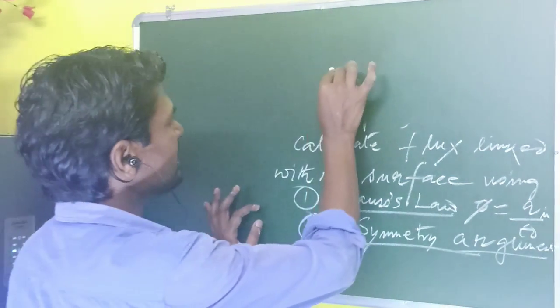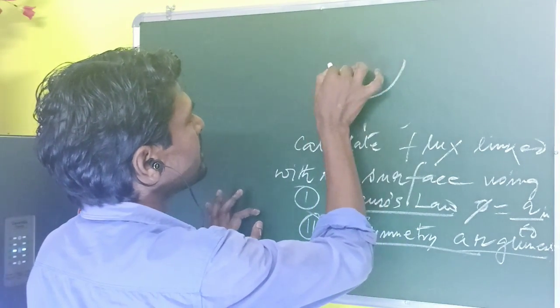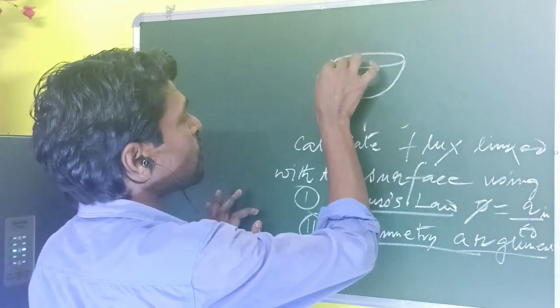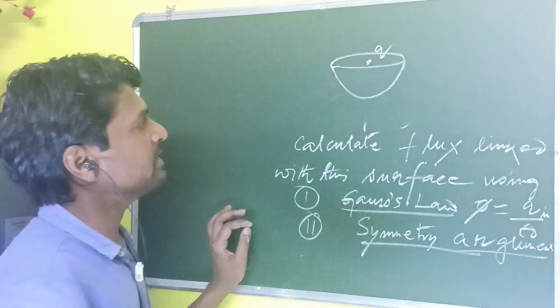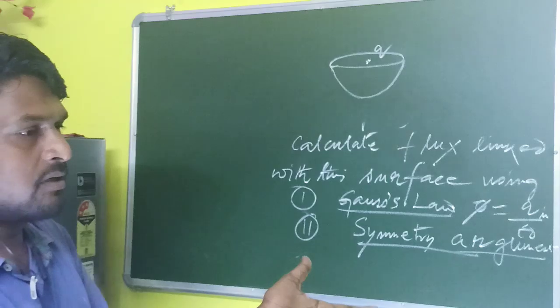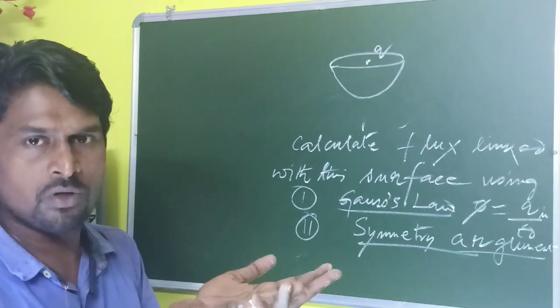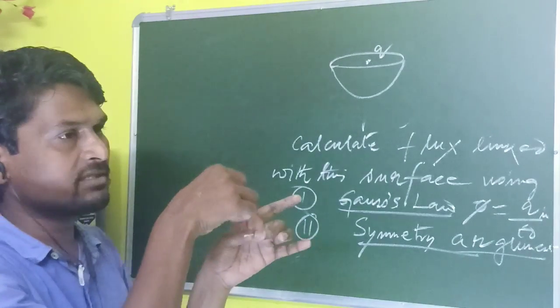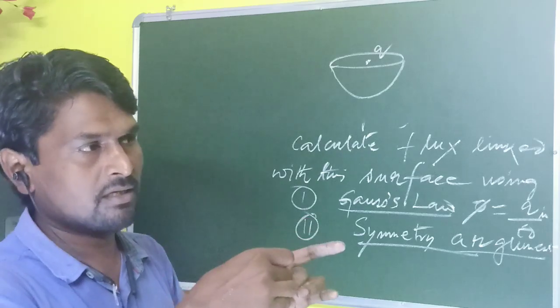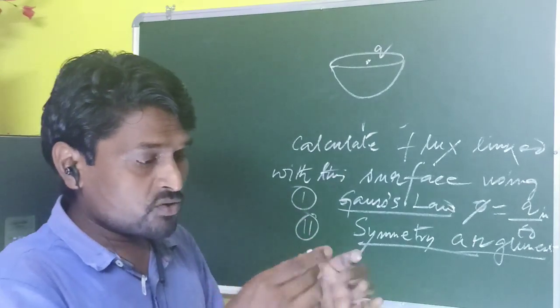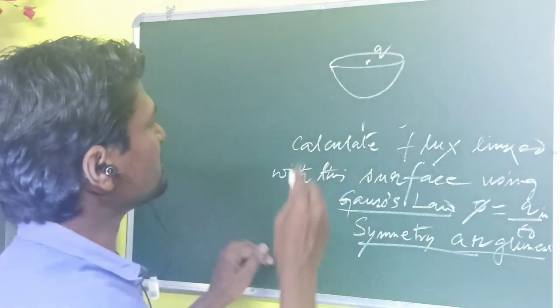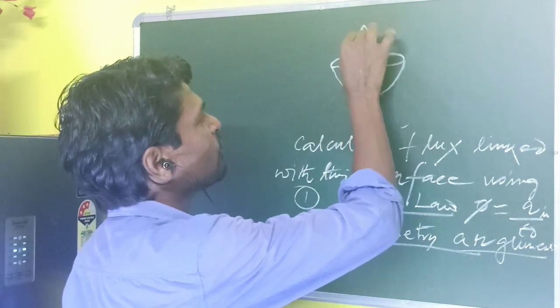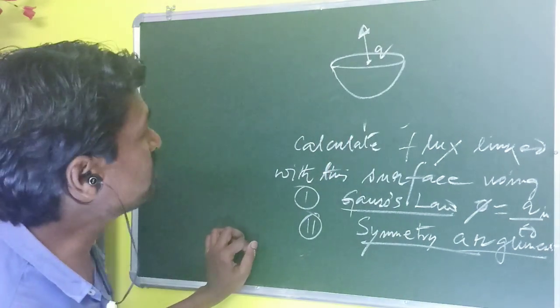It is a hemisphere, but it is not a closed one, and the charge is kept here. So it is open. Suppose you consider a cauldron, and the charge is at the center. The cauldron is open, so the flux generated along this direction cannot penetrate that surface.